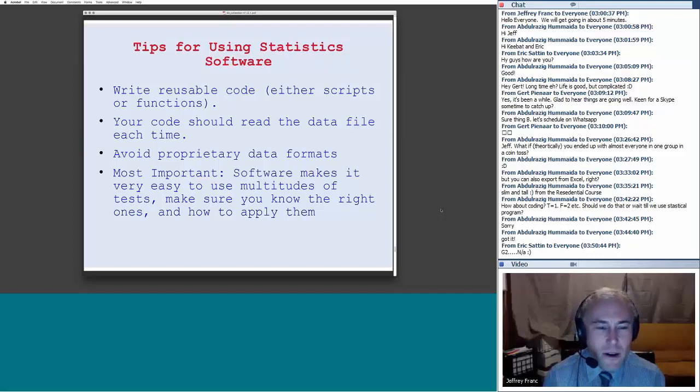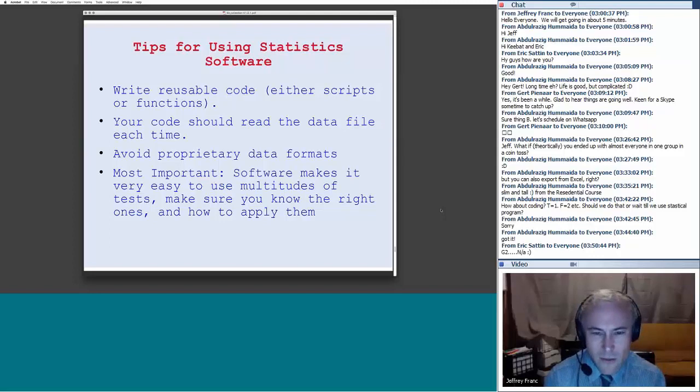And just remember, as I think we've emphasized throughout our statistics course together, that learning how to use the software is not the goal. Software is very easy to use, but it provides you with multitudes of tests, and you have to make sure to know the right ones and how to apply them.